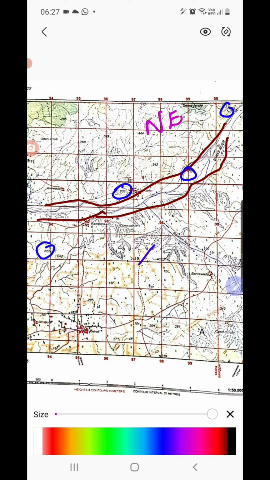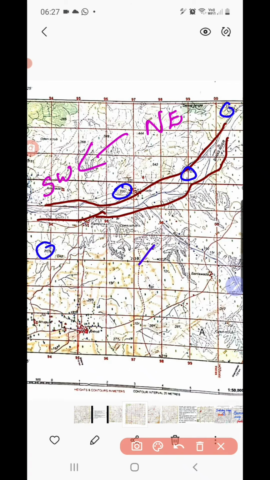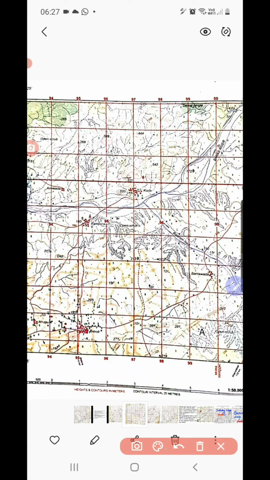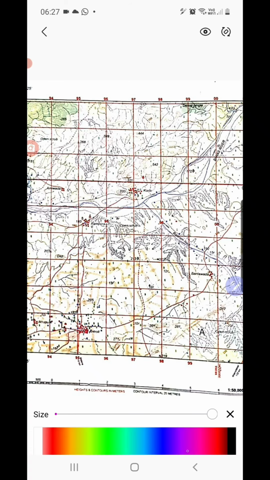Then how to understand the bank, left bank or right bank? Sometimes there can be questions asked related to left bank, which important settlements or important physical features are found in the right bank of the river or left bank. So for that you should be able to identify which is the right bank and left bank. Now you understood the flow of the river is like this. This is the direction of the flow of the river. So imagine that you are standing here facing the flow of the river.